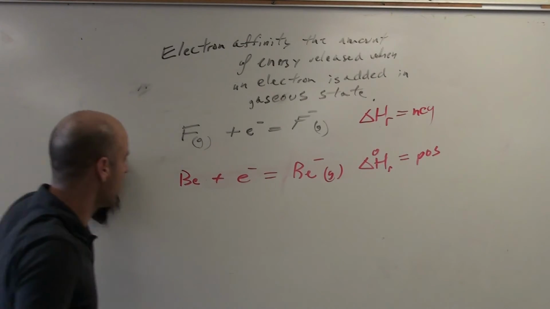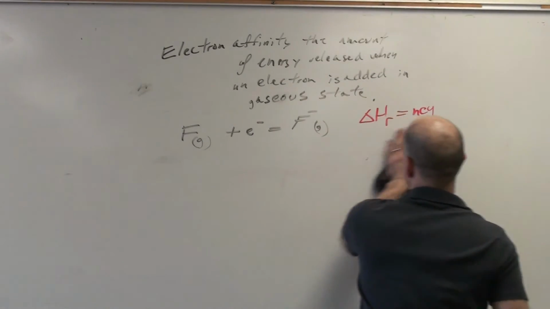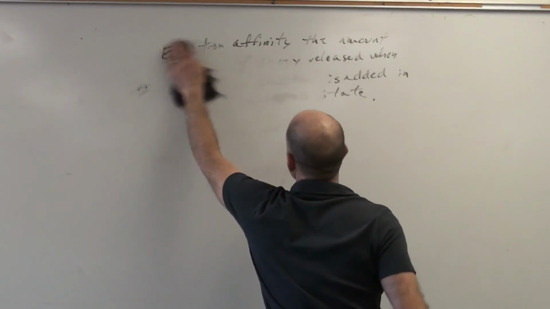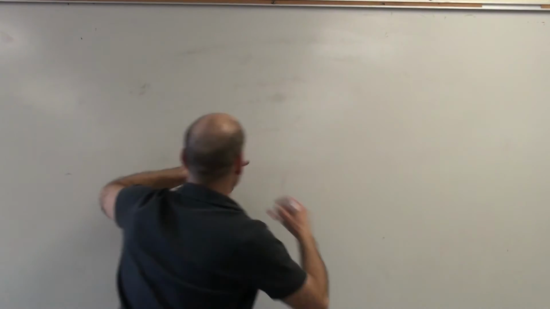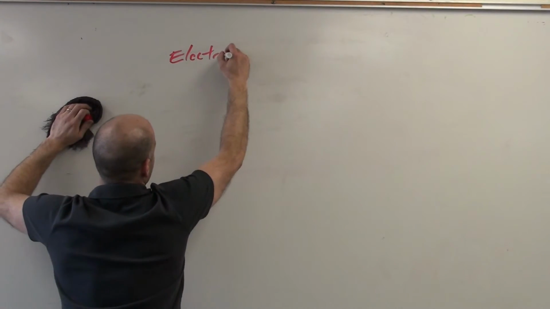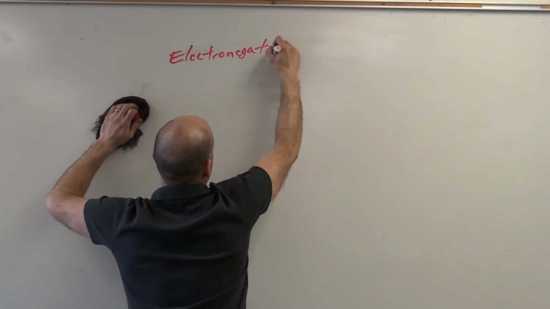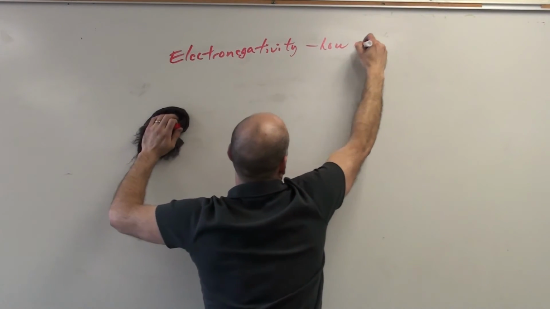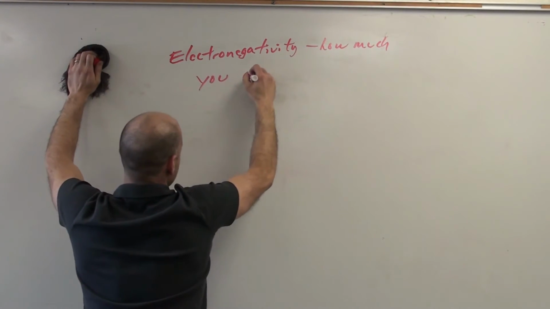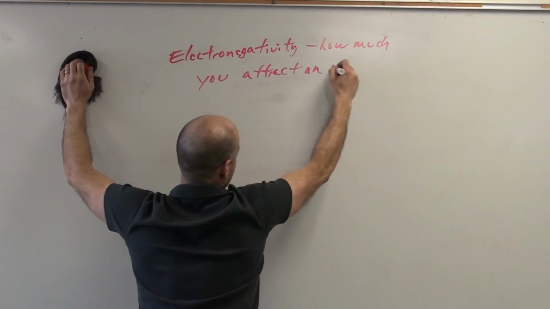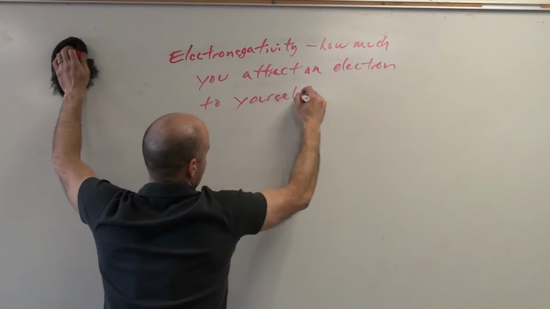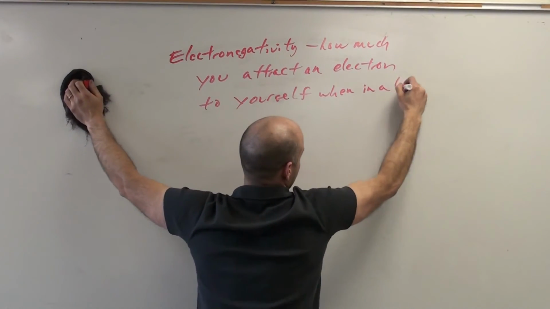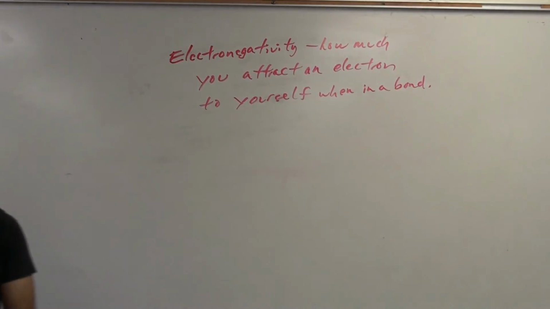And electronegativity is different because electronegativity is how much you attract an electron to yourself when in a bond. It's kind of like who can pull the electrons to themselves with greater strength.